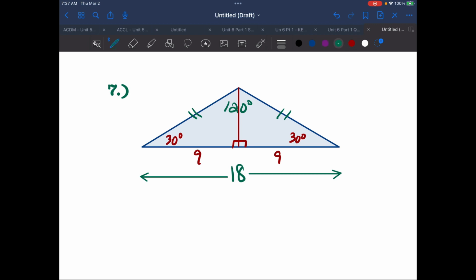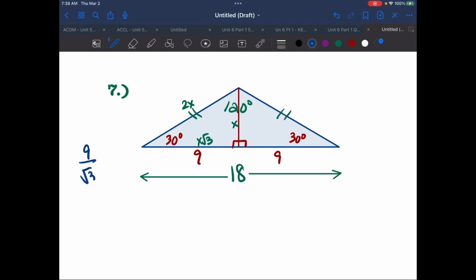All right, so here we go. To finish up this page, this is the side across from 60. This is the x radical 3 side. This is the x side, and this is the hypotenuse, the 2x. I'm only going to focus on one side, although the other side is exactly the same thing. To go from the x radical 3 to the x, we need to divide by radical 3.